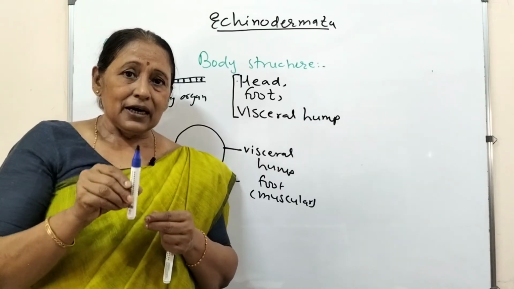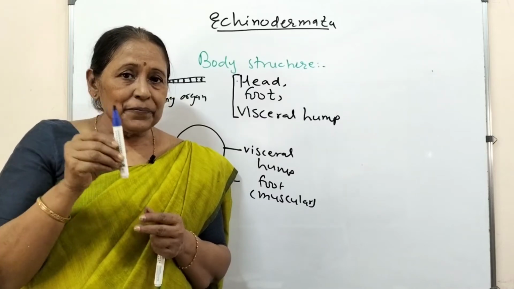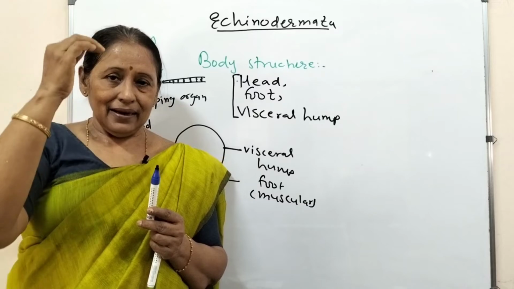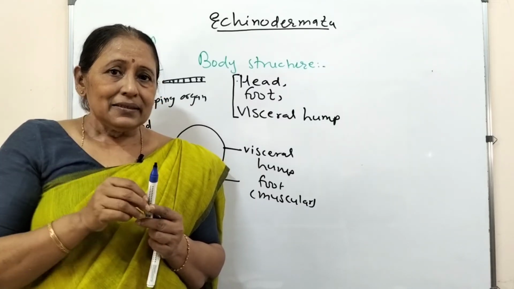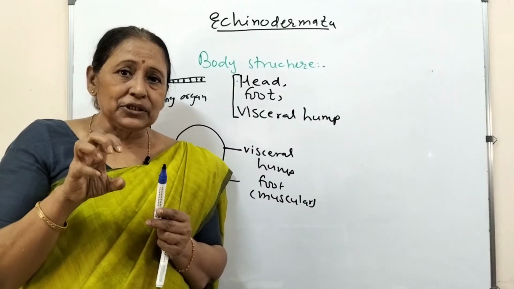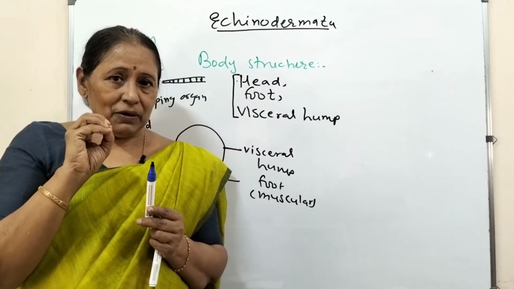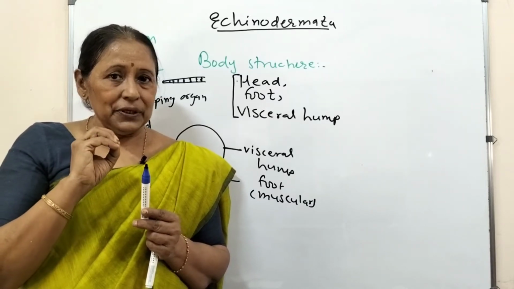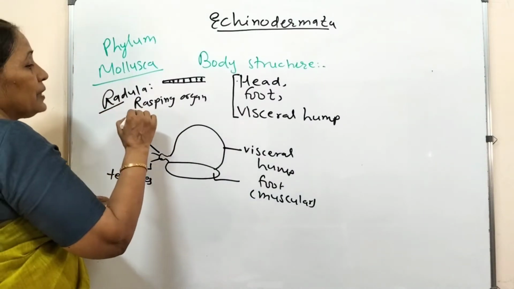When it rubs over its food, it will act like a nail filer. The way a nail filer shapes your nails, similarly this will scratch the body of the food, and with the help of the radula, this mollusk takes its food. So radula is a rasping organ.